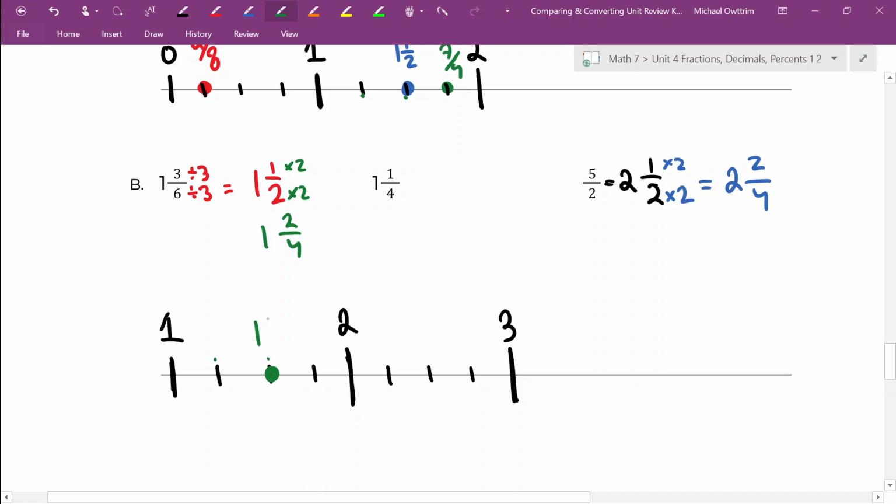And that was originally written as 1 3/6. 1 1/4 was already in a mixed number format, so 1 and 1 extra tick out of 4. And then our last one there in blue, 2 2/4. So starting at 2, and then 1, 2 ticks past that, and this is the fraction 5/2.